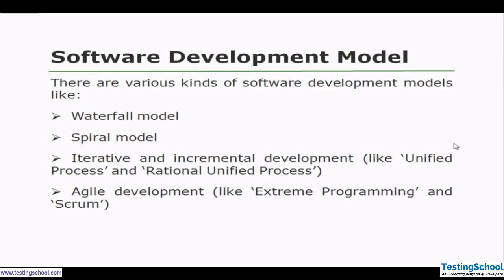Then we have the spiral model. Then we have iterative and incremental development, like the unified process. In the incremental model, we give one particular module, then we increment something and move to a different module. Then we have agile development.